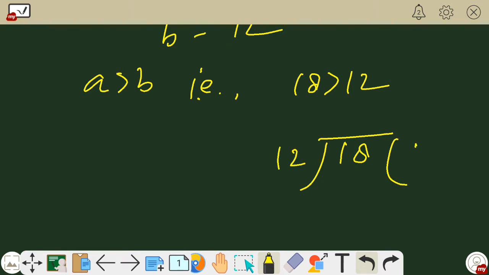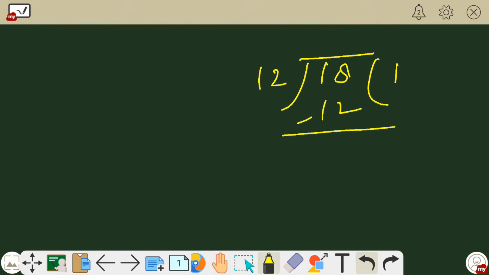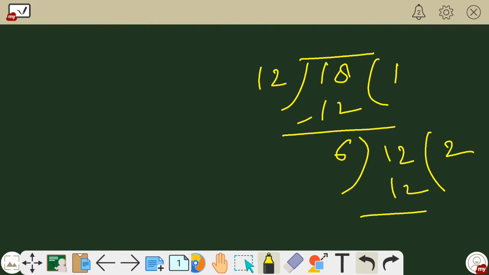It divides one time, so you write 12 once and subtract, and you get 6. In this case the remainder is 6, and the remainder works as the divisor and the divisor becomes the dividend. So 12 is divided by 6, two times, and again by subtraction the remainder is 0. This process is repeated until you get remainder 0. When you get remainder 0, the process stops.